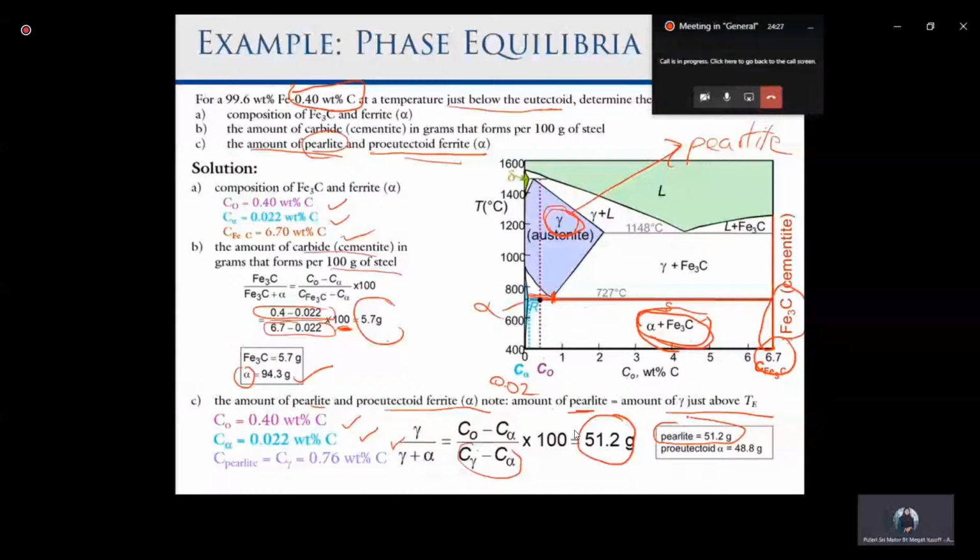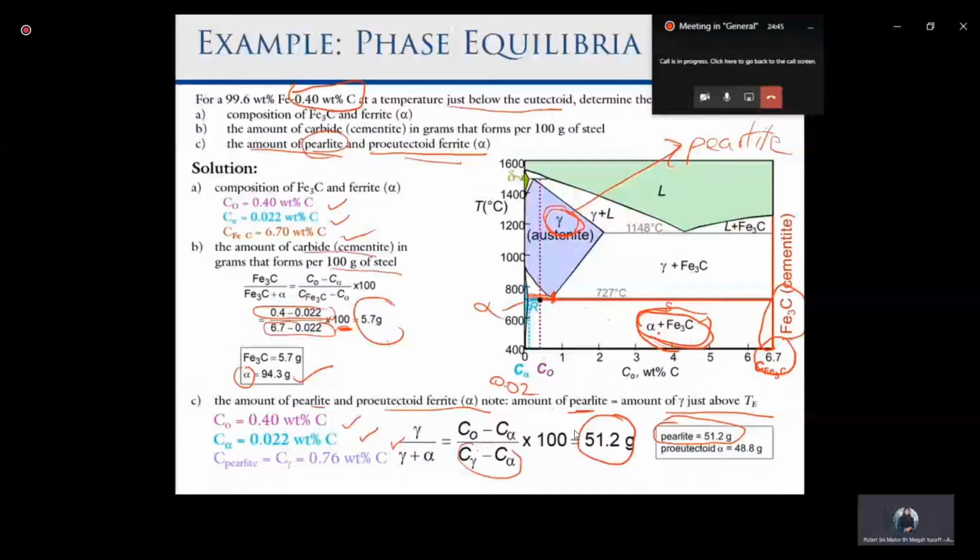Compared to the amount of alpha that you have, what did I say earlier? It is a mixture. The alpha that you have includes proeutectoid alpha, because this is hypo.